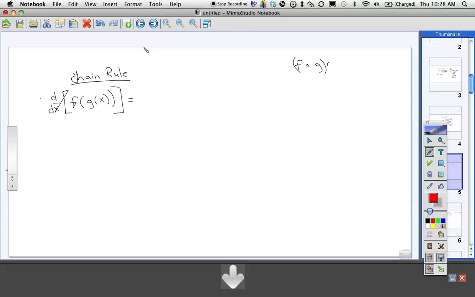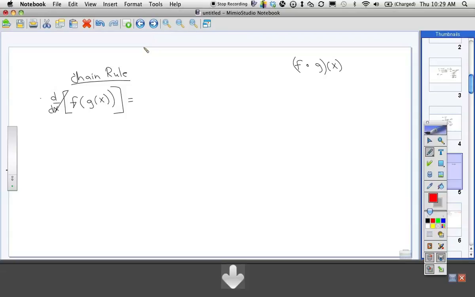Sometimes they write this, and I have no earthly idea why they think that's better. But that also means f of g of x. So if you see that in the book, that's what they're talking about. But we're going to talk a lot about outer function and inner function. And some of your early homework problems are just about composite functions.